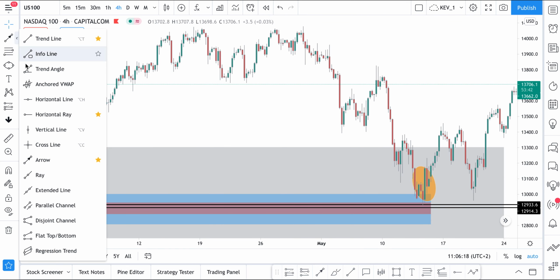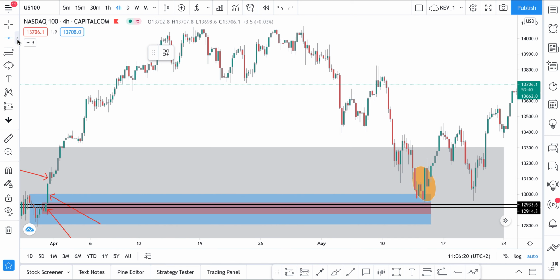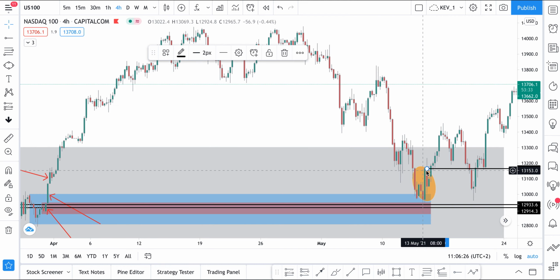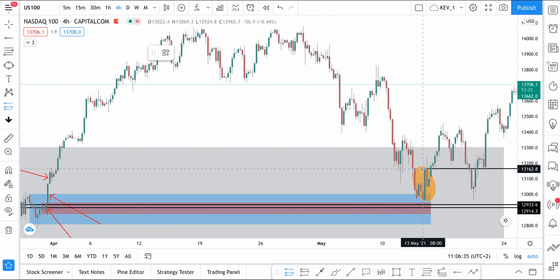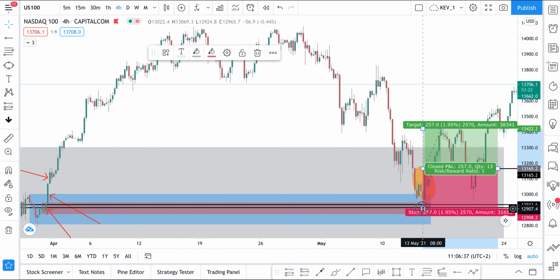So you wait for the market to get there, you wait for the bullish engulfing candlestick pattern to play out. Once the candle closes, you enter, place your entry, and then place your stop loss. So you can put your stop loss right at the bottom from where it came.